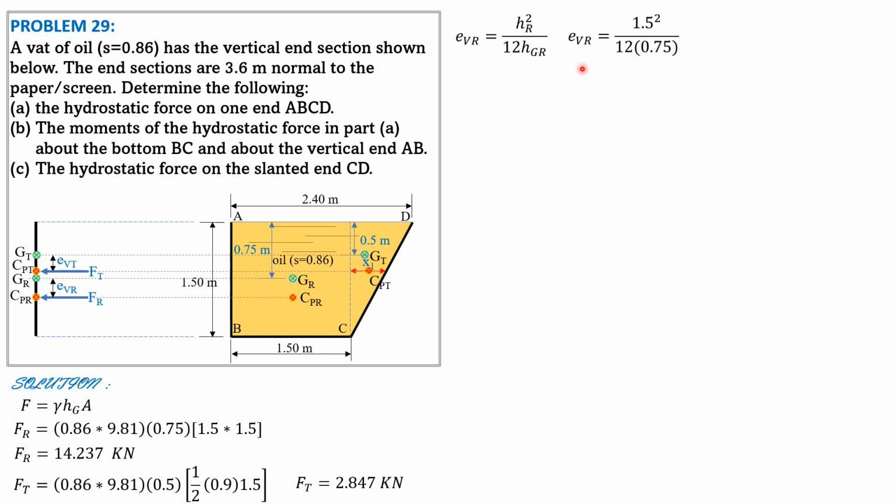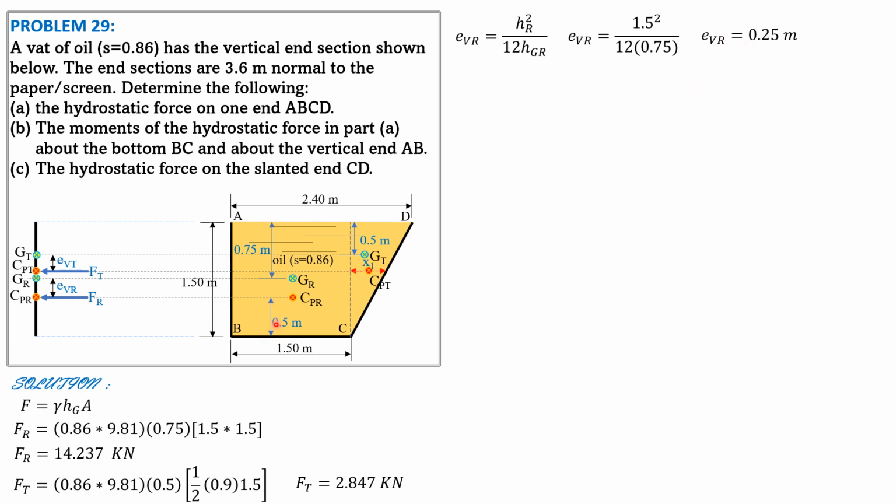But anyway, we can show that it is still 0.5 after solving for EVR, because this gives us a value of 0.25 meters. So 0.75 plus 0.25 is 1. That means 1 from the top, 0.5 from the bottom. So this distance is 0.5: 0.75 from GR to the bottom, half of 1.5, minus EVR, which is 0.25.